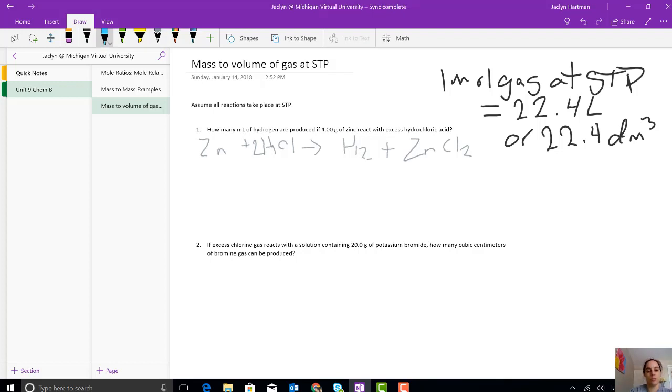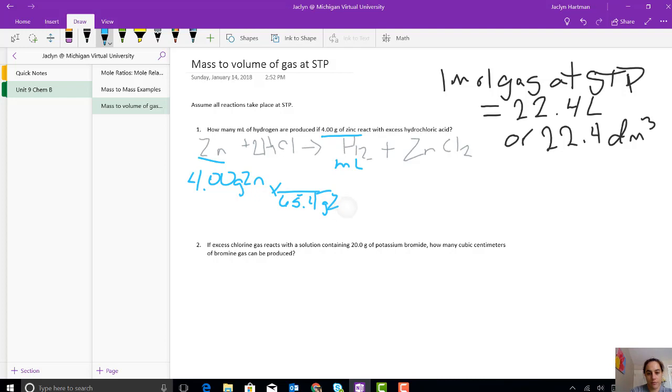Let's go ahead and take a look at our problem. We're starting with 4 grams of zinc, and we want to get to milliliters of hydrogen, H2. So first step, convert those grams of zinc to moles by using the molar mass. Molar mass of zinc is 65.4 grams.